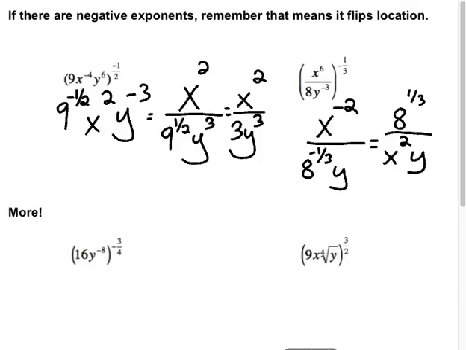So once I clear up all of that, now the final piece is 8 to the 1/3. A 1/3 exponent is the same as a cube root. All right, and you know what the cube root of 8 is. The cube root of 8 is just 2. So I would want to simplify this down all the way to here. And then that'll be all.